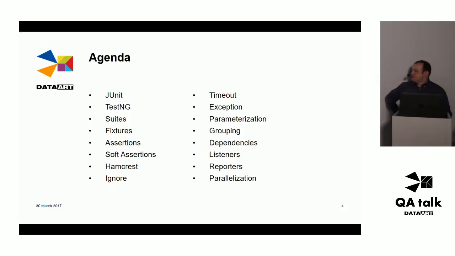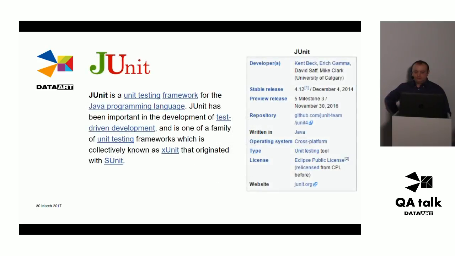I chose these topics because, as a QA engineer, I like to know about them. So JUnit 4: now they are working on JUnit 5, and it will be released maybe in Q3 of this year, but such dates can be moved, so we don't know.